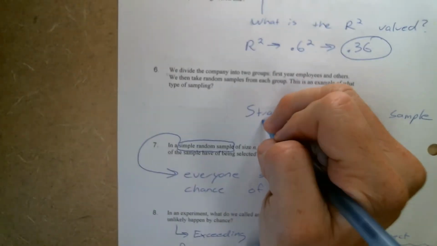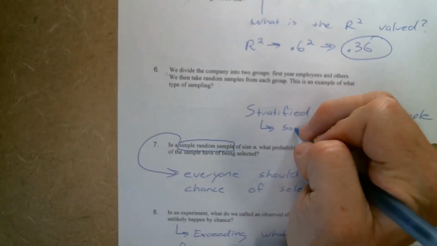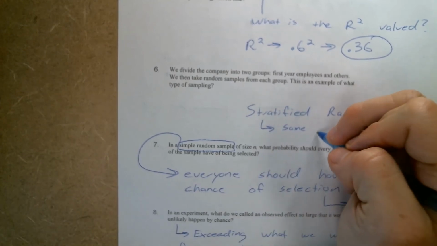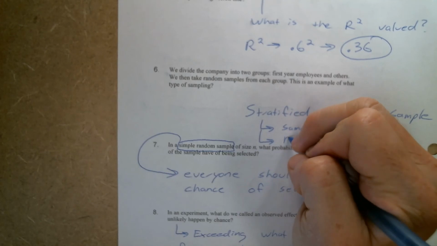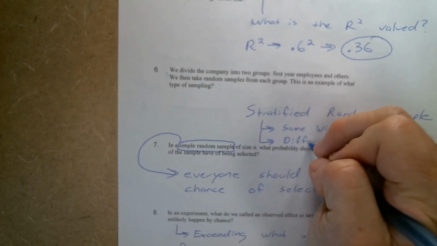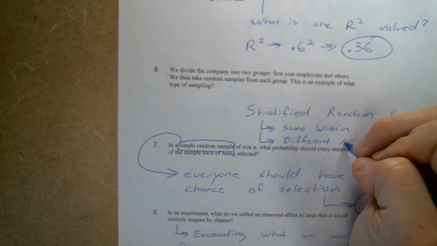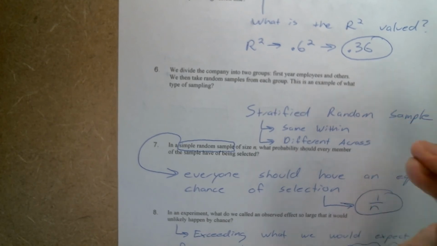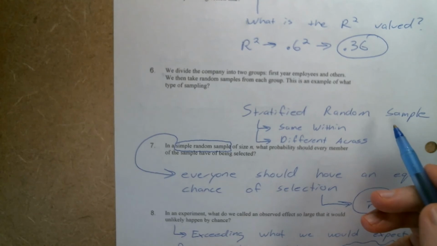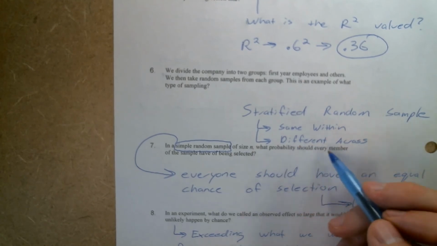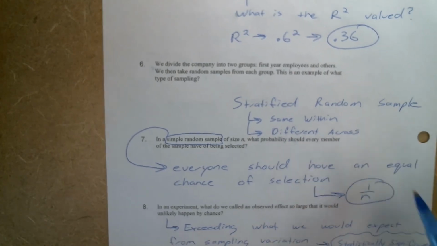Versus the stratified is the same within, but different across the different strata. So each group is the same inside 9th grade, 10th grade, 11th grade, 12th grade, but each group is different.